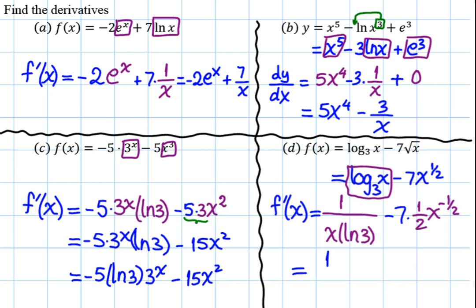So we have 1 over x ln of 3. We can put the negative 7, I mean the 7, multiply on the top. We have negative 7 over 2. The x to the negative 1/2 moves to the bottom, becomes x to the 1/2. So that's all we have.